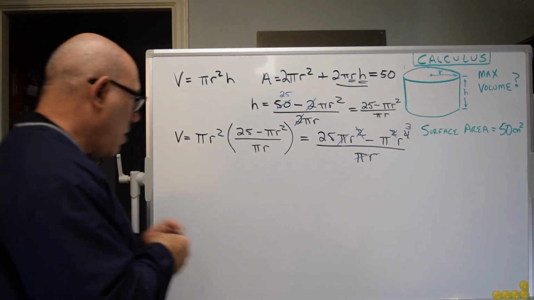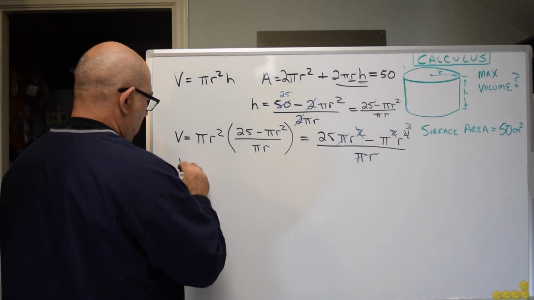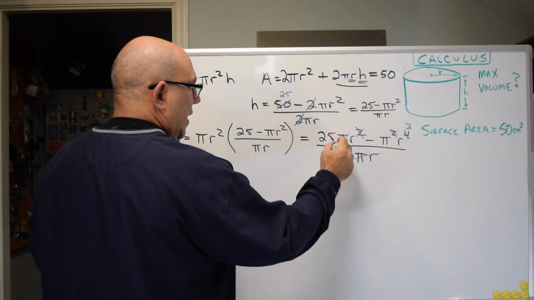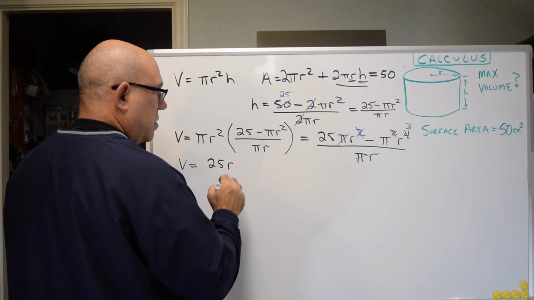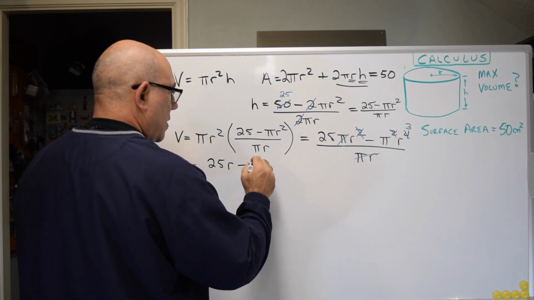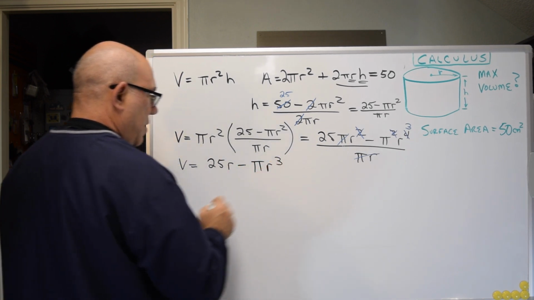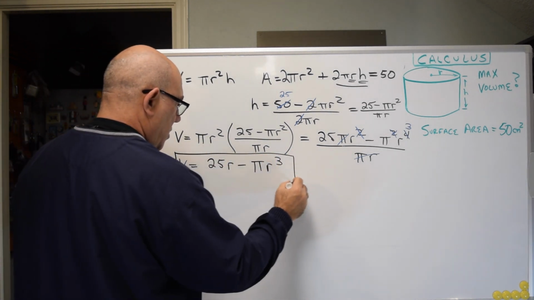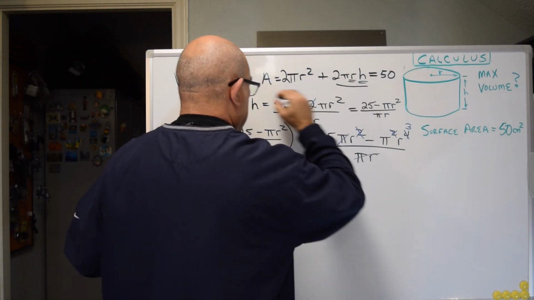So now we have volume equals 25r minus pi r cubed.